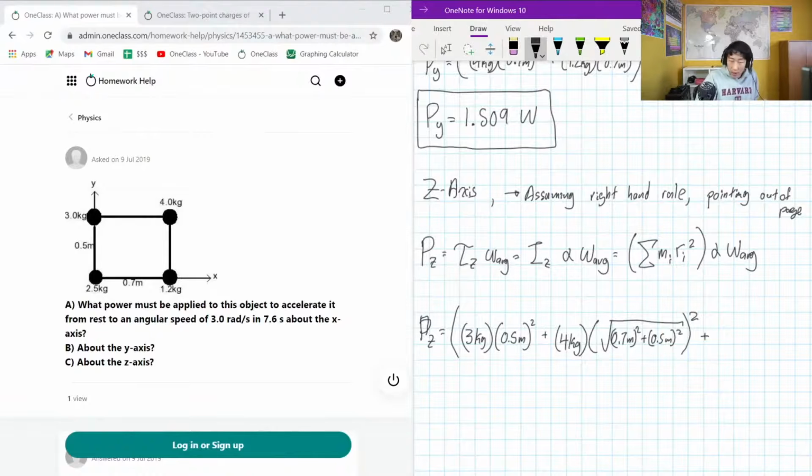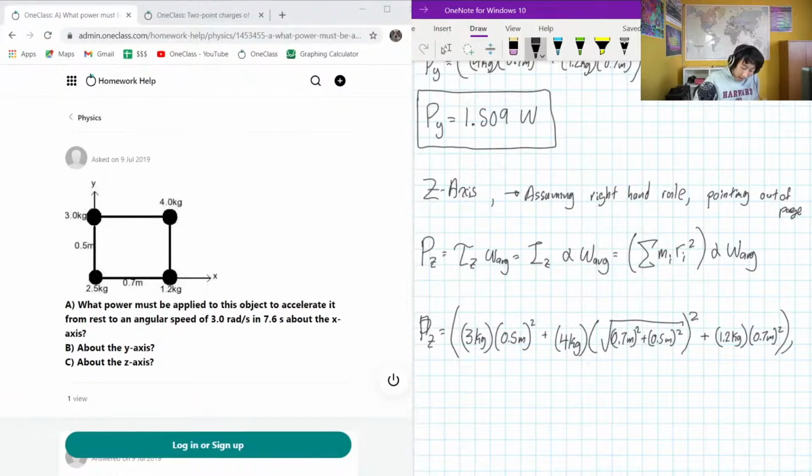And then our last weight that's relevant here is the 1.2 kilogram, multiplied by the fairly straightforward 0.7 meters squared.